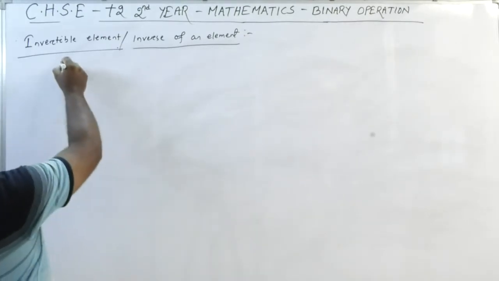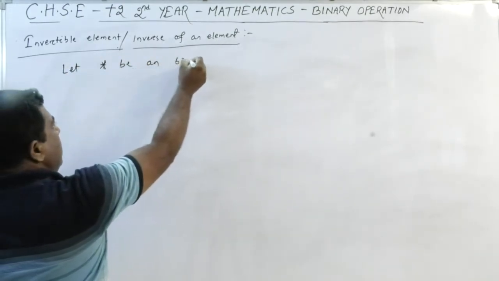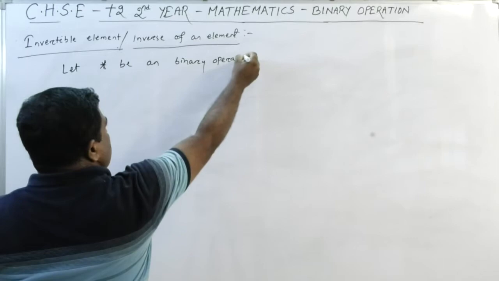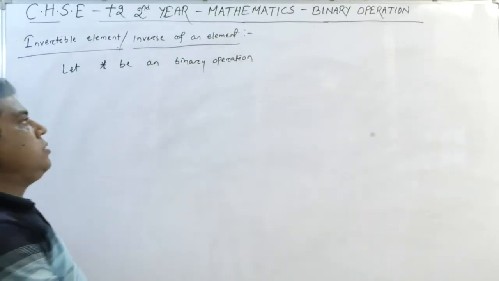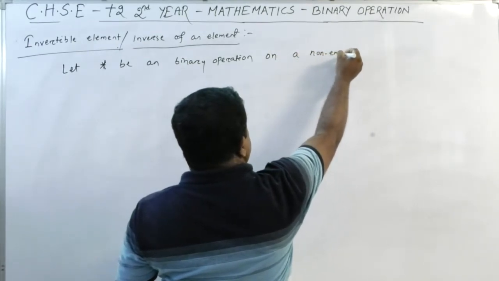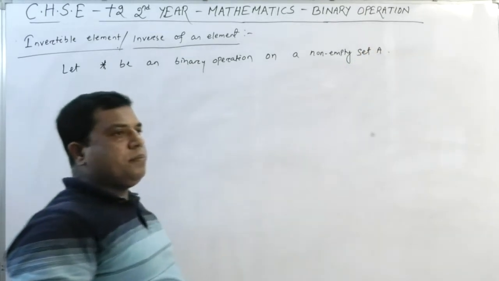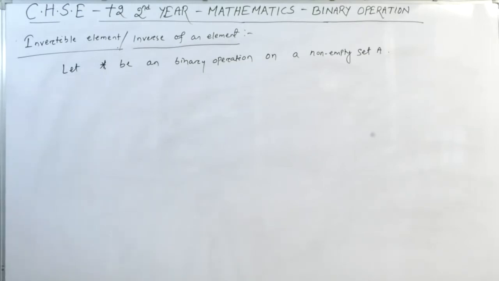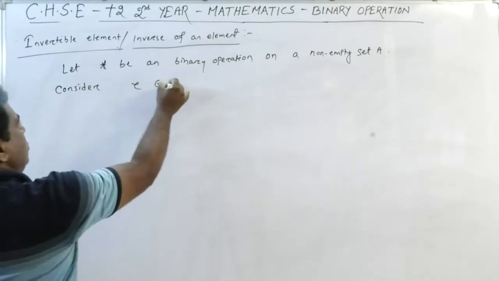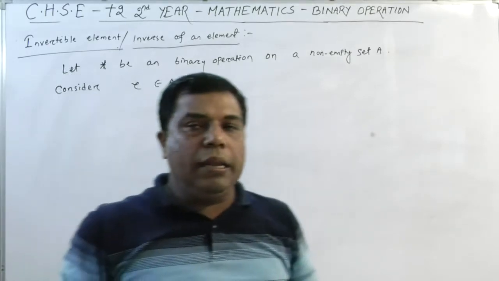Let star be a binary operation on a non-empty set A. Consider E belongs to A. E is ordinarily taken as the identity element.